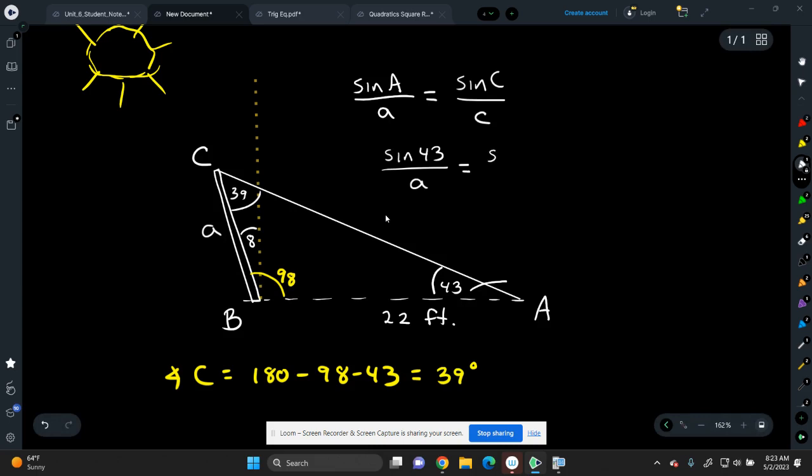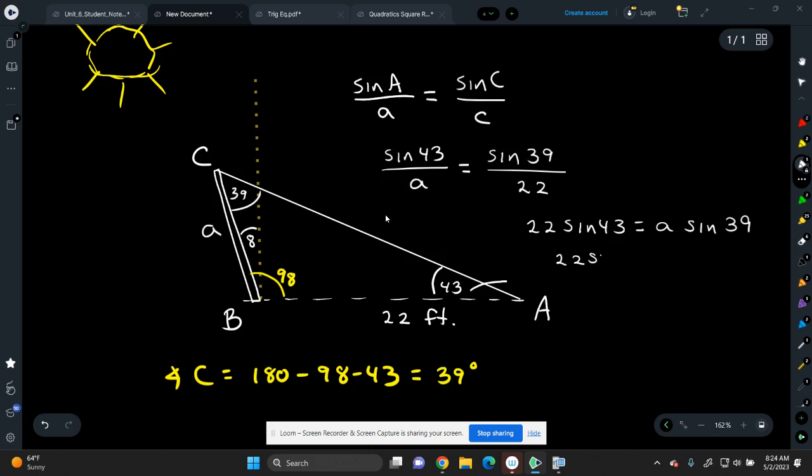So I've got sine 39 over C, which we know is 22. Okay, so we're going to cross multiply. 22 sine 43 equals A sine 39.